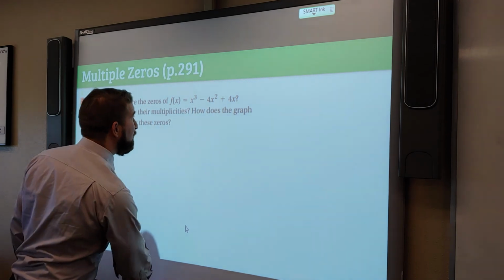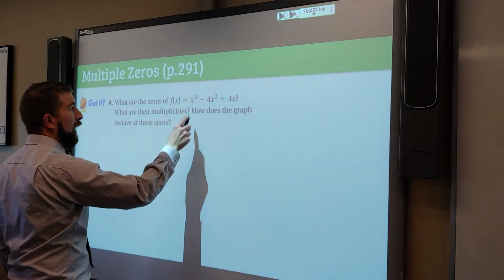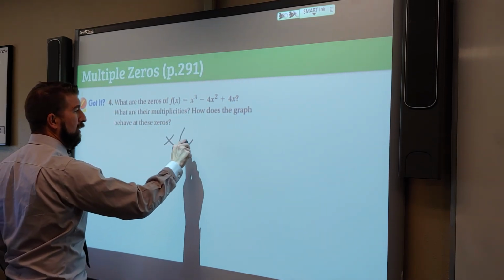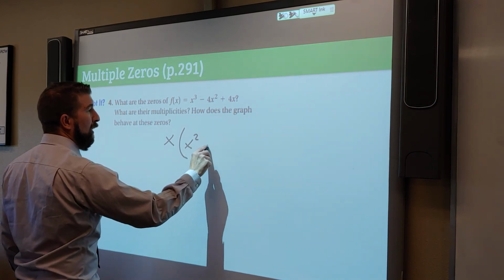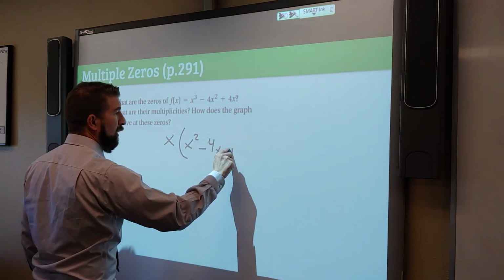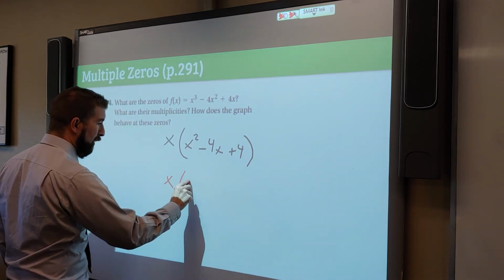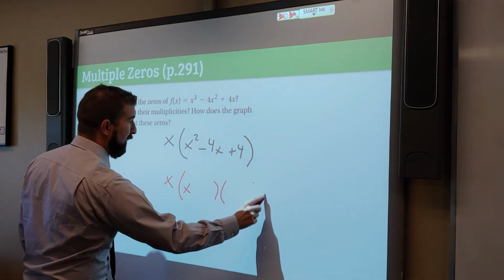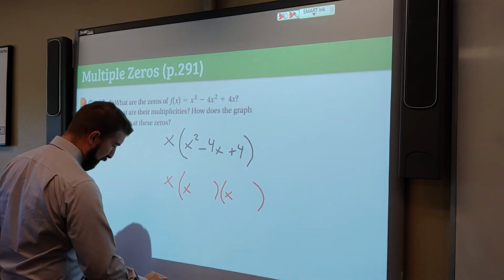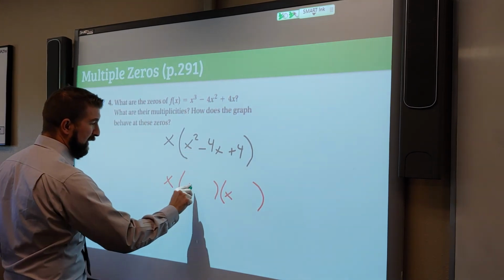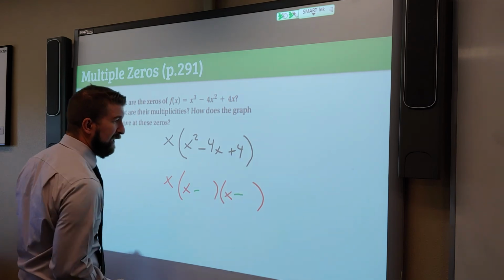Let's look at this final example. So the first step, I'm going to remove the x. So that's x squared minus 4x plus 4. Then I'm going to factor this out. So I'm going to split my x's up. I've got a minus. That drops. A plus sign becomes minus.